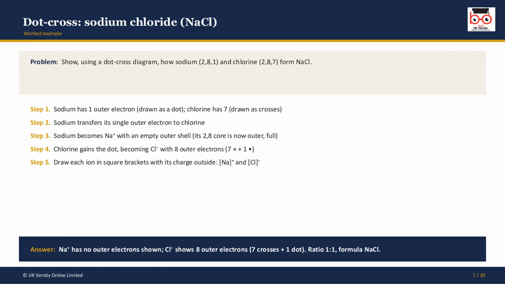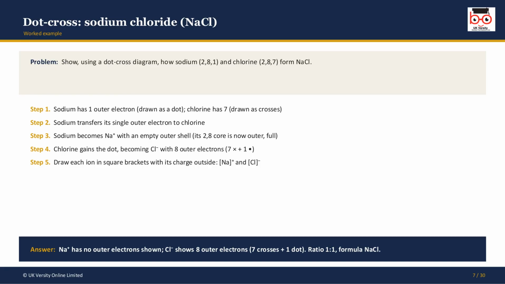Let's draw sodium chloride as a dot cross. Sodium is 2, 8, 1, so it has 1 outer electron, which we draw as a dot. Chlorine is 2, 8, 7, so 7 outer electrons drawn as crosses. Sodium transfers its single outer electron across to chlorine.